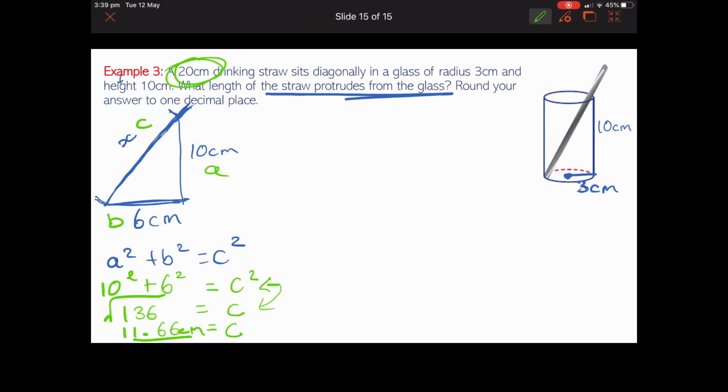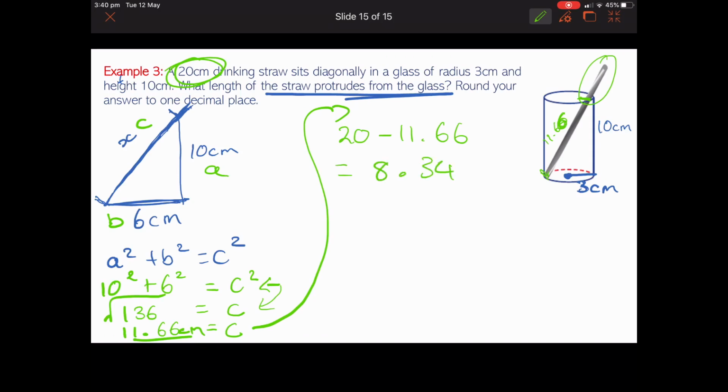So to figure out how much is protruding from the glass, we know that this bit here is 11.66, from here to here. So this bit here is going to be given by 20 minus 11.66, and that equals 8.34 centimeters.